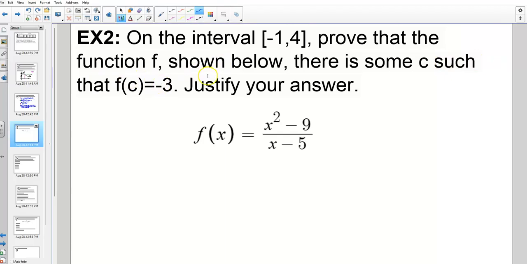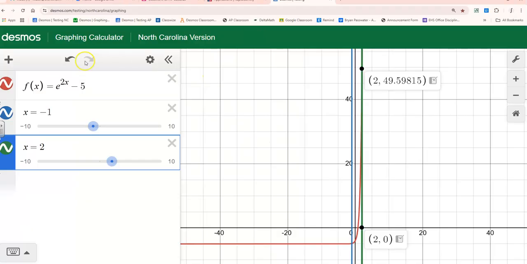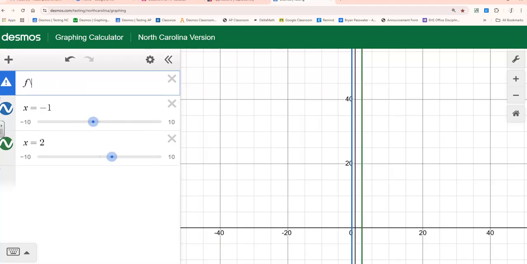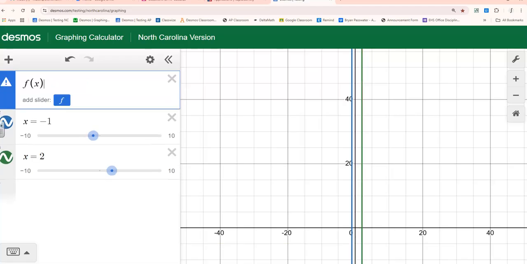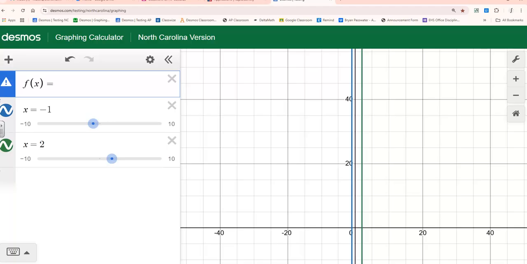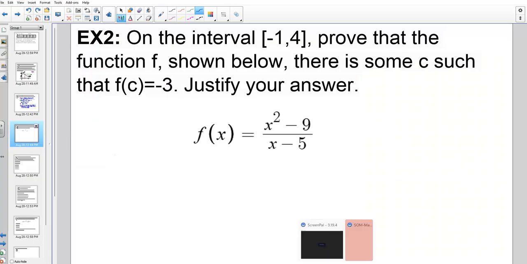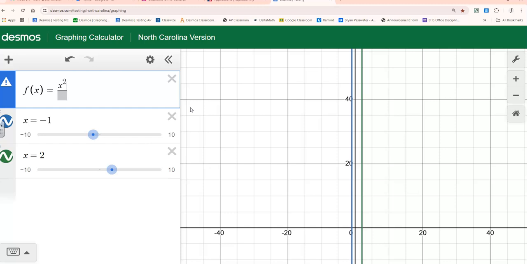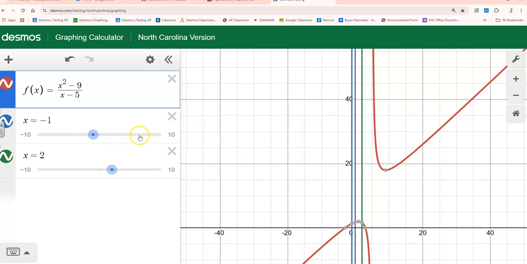So this time, if we kind of picture what we're talking about on Desmos, we got that function f of x equals, what was it? X squared minus 9 over x minus 5. Okay, so that's this equation.